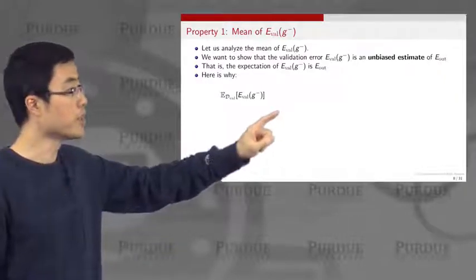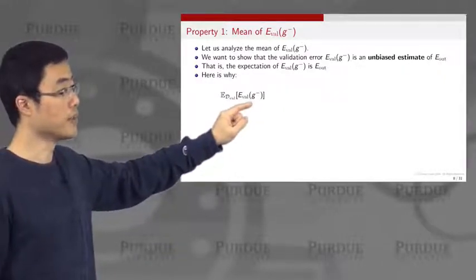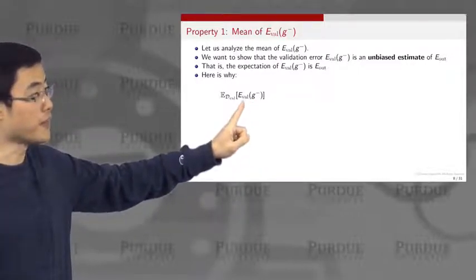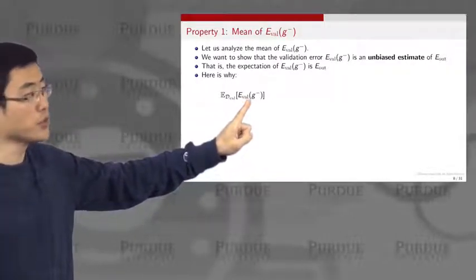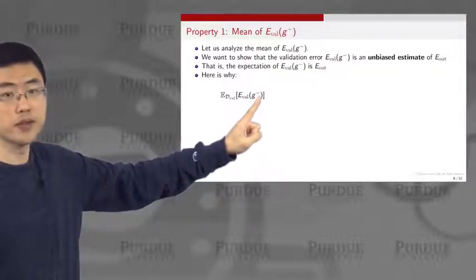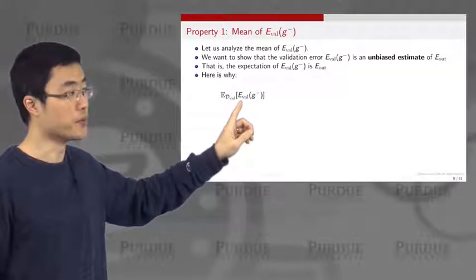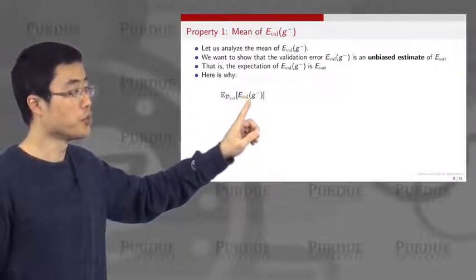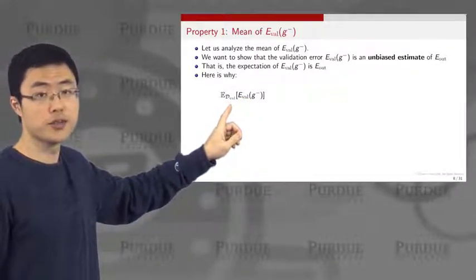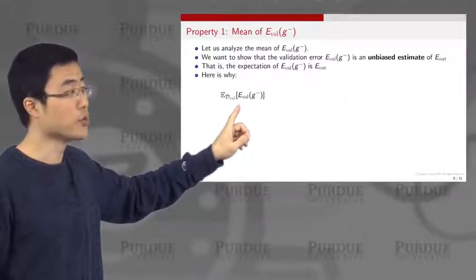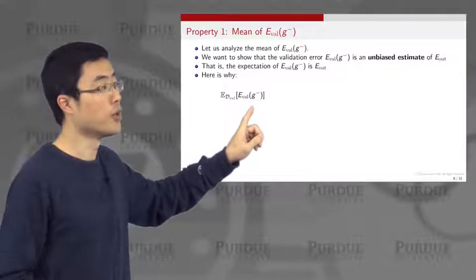You start with this validation error. Now, remember that this validation error is chosen according to the particular validation set that you have in this equation. So, because you're choosing over a different validation set, you want to take the expectation over all the possible validation sets in order to calculate the overall error.